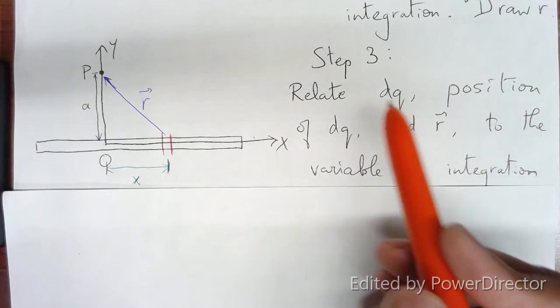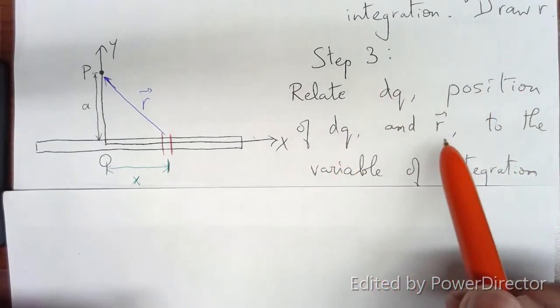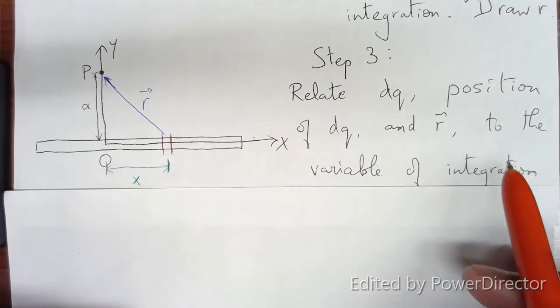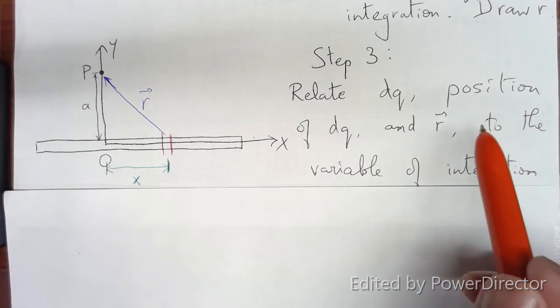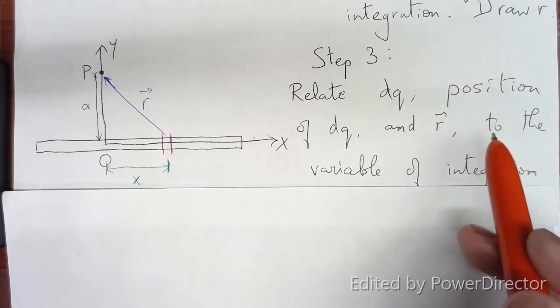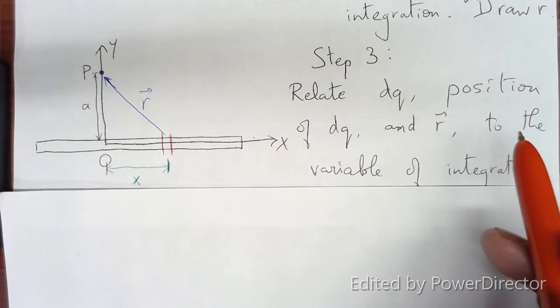In step 3, we will relate dq, position of dq, and R to the variable of integration. So we identified x as the variable of integration. Right, x is what changes as dq moves around. So let's relate all these things to x so that we can turn this from a physical problem into a mathematical problem, which is simply an integral with respect to x.